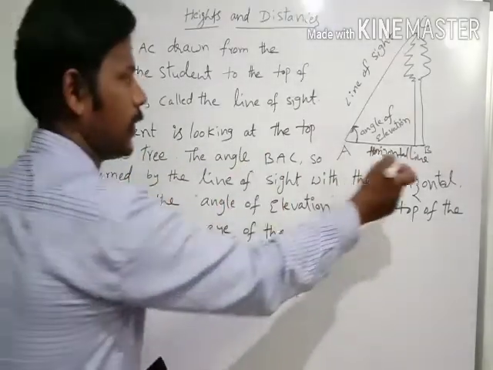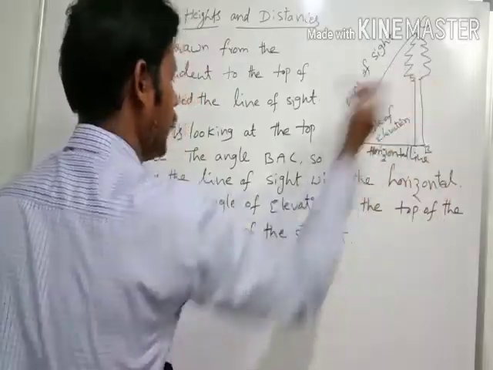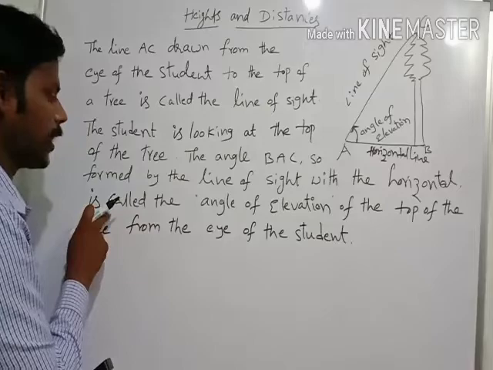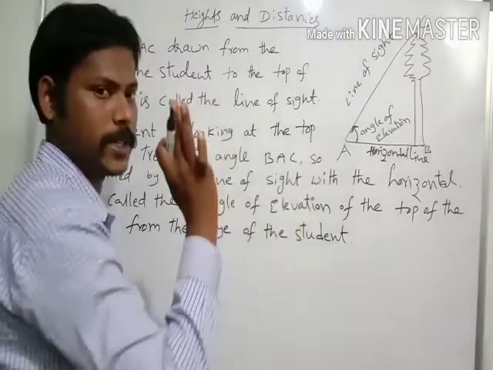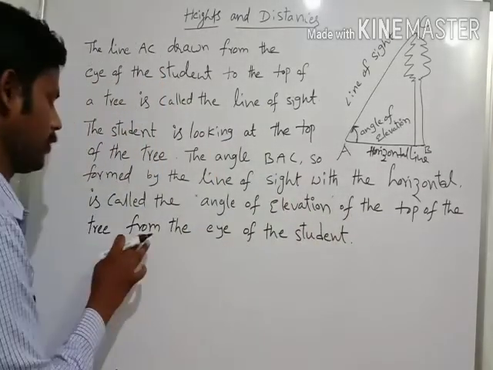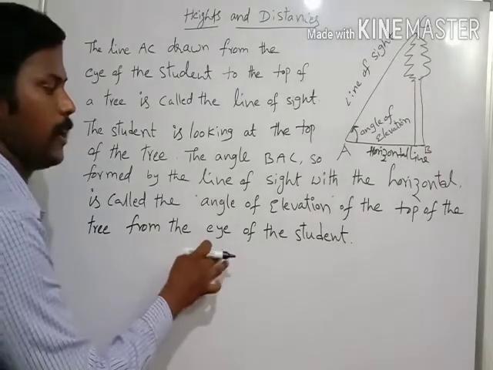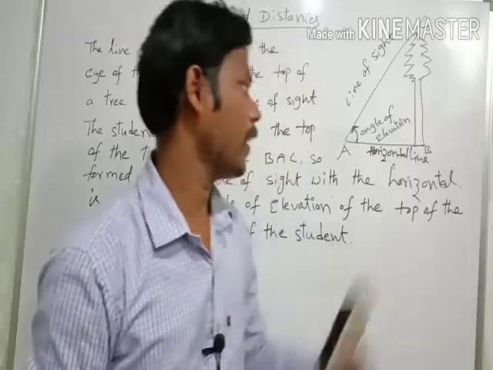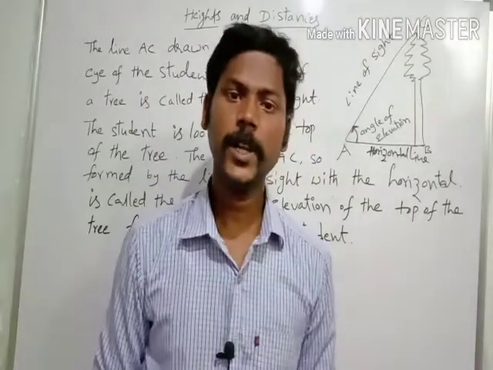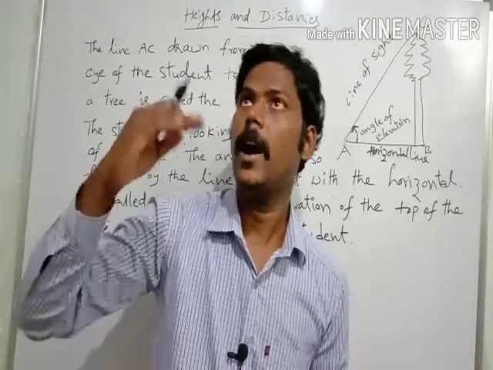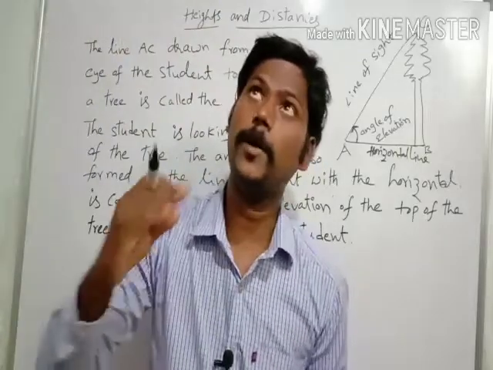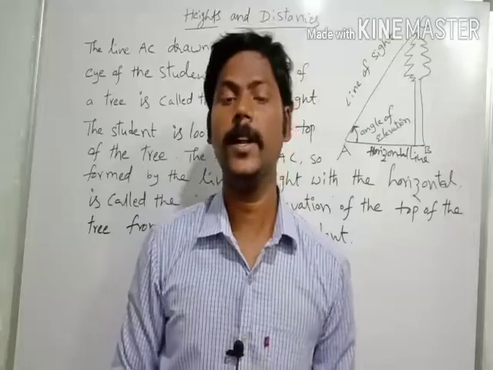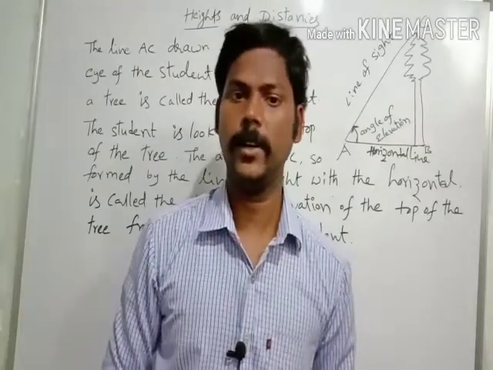The angle BAC formed by the line of sight with the horizontal line is called the angle of elevation of the top of the tree from the eye of the student or observer. Understand what the angle of elevation is? When the object is above the observer's eye level, that type of angle is called the angle of elevation. Understood?